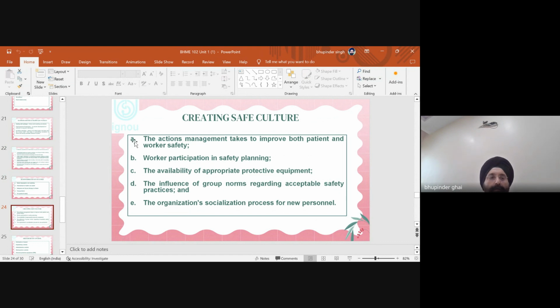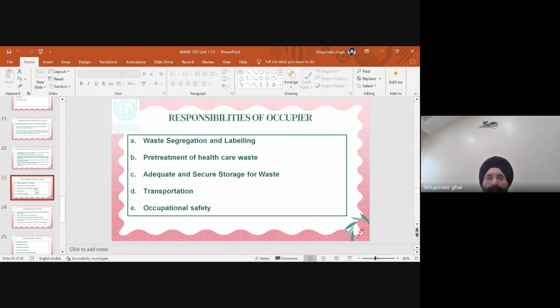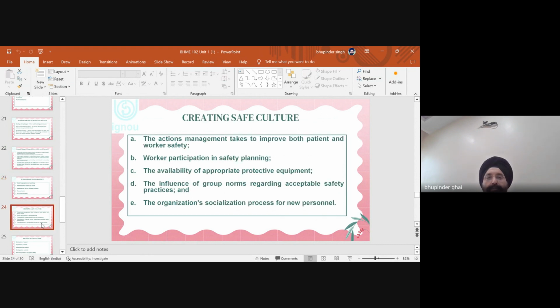Now, under occupational safety comes safety culture. The actions management takes to improve both patient and worker safety. So you need to improve both patient and worker safety at the workplace. So you need to engage your workers or parties.